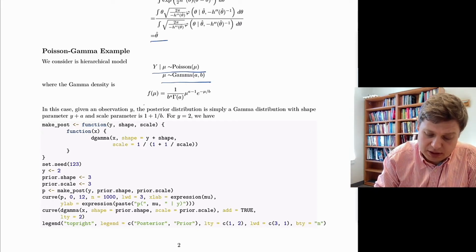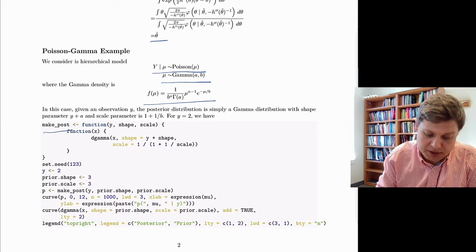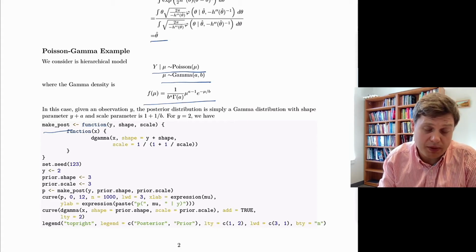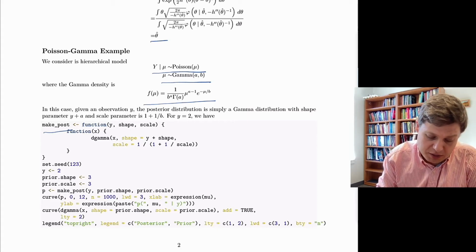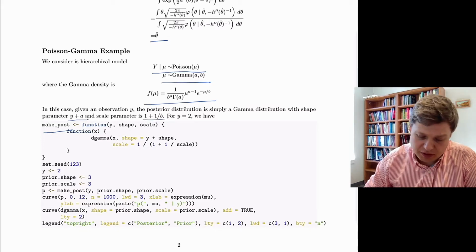So this is the density for the gamma function, and we know how to calculate the posterior. The posterior distribution also will be gamma. We have conjugacy, and the shape parameter is just y plus a, where a is the parameter of the prior, and the scale is 1 plus 1 over b. Again, b is the scale parameter of the prior.